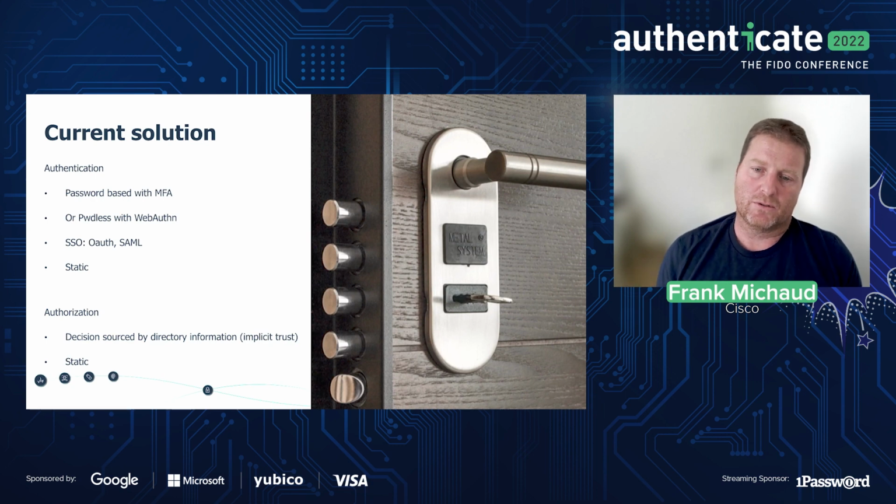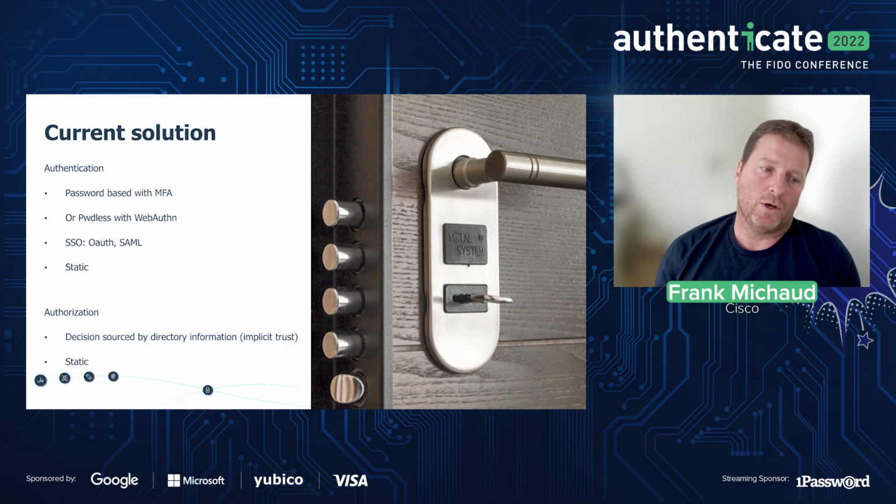But what's important to see here is that, at least in the authentication checks, it is a one-time check. When the user shows up at your door, you check whether he has the right credential, right? He knows his password, he has his MFA set up and working, and you let him in. That's something important to remember.